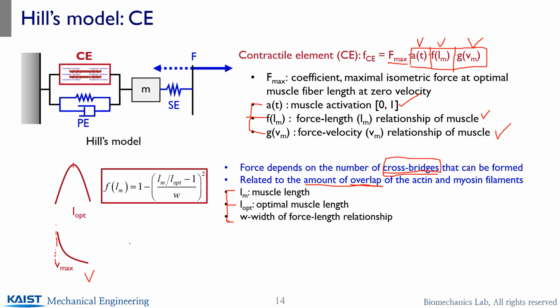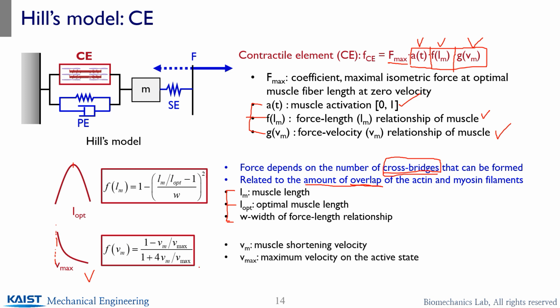modeling components. And the force-velocity curve as well depends on how much the muscles are activated and how long it takes to recruit those muscles to provide fast shortening, and here is a simple example with a reciprocal function.